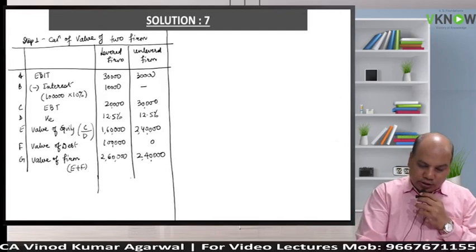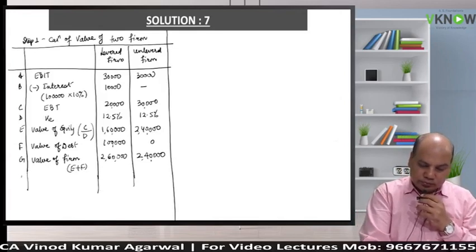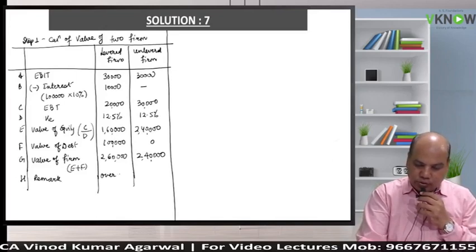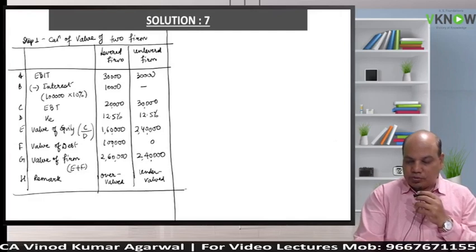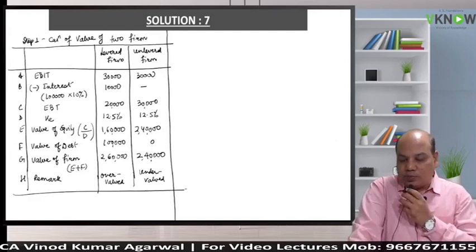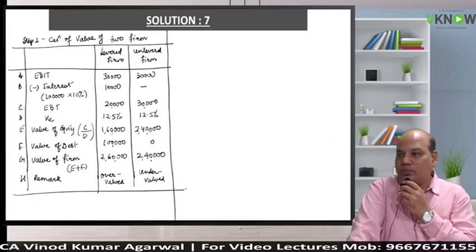So I'll just write a remark here. Which is the overvalued firm? Levered firm, overvalued. Which is the undervalued firm? Unlevered. So under Modigliani and Miller approach, first we have to identify which is the overvalued firm.